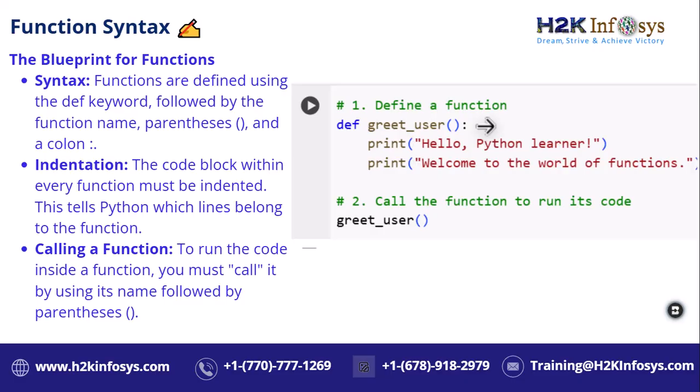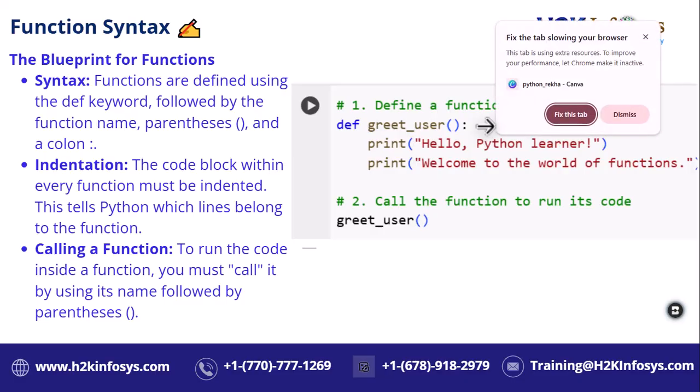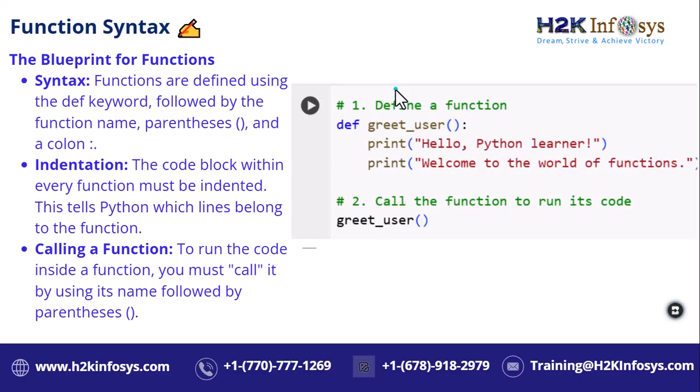Similarly, what task you want to do and what name you would like to give depends on you. Based on the task you can give the function name. So def is a standard keyword followed by the function name of the user's choice.